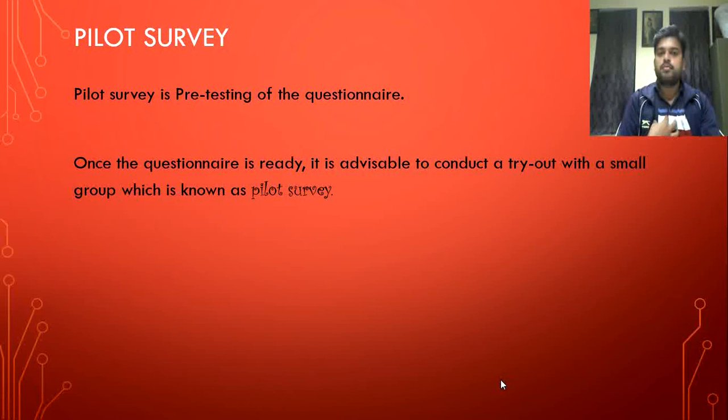Suppose I am going to the field to ask questions. First of all, I will find a small group, it might be my friends or anyone from the class, whom I take by my own choice. I will not go to the field directly. I will ask these questions to them first. This process is called pilot survey.